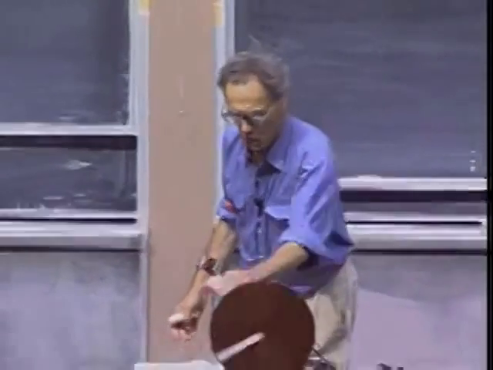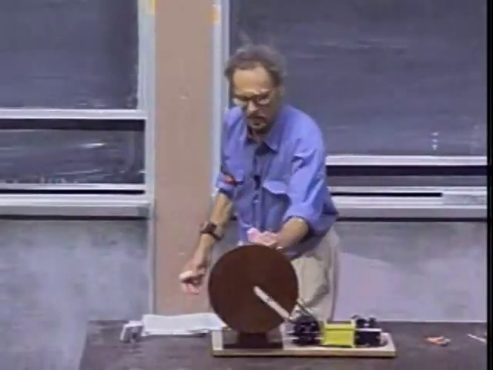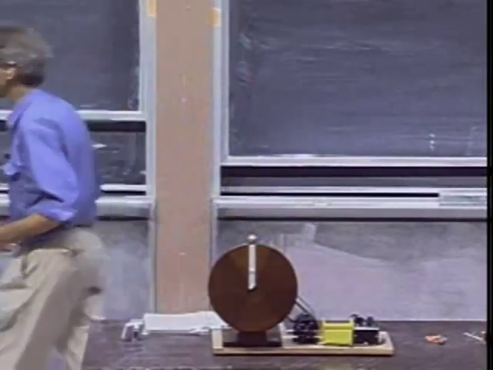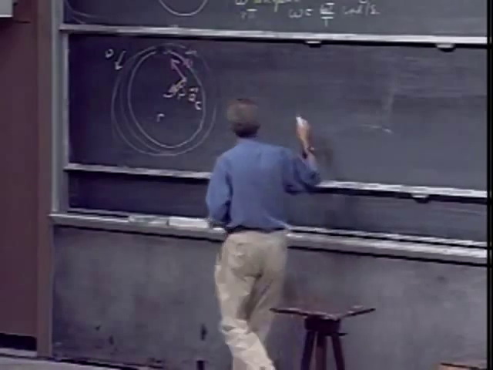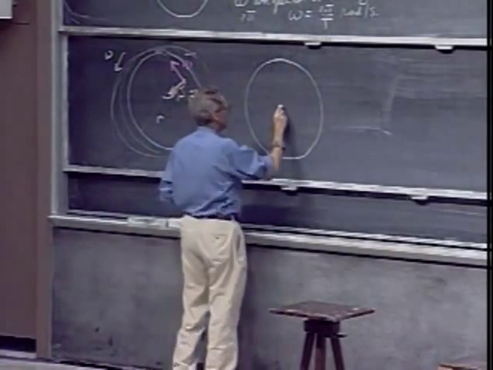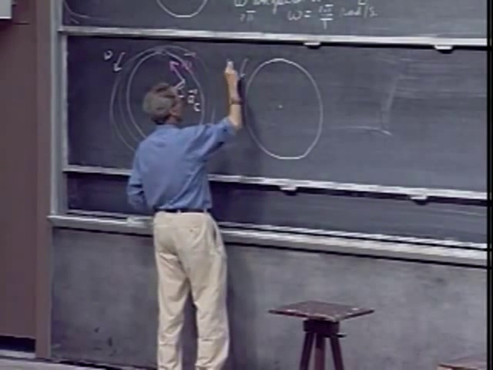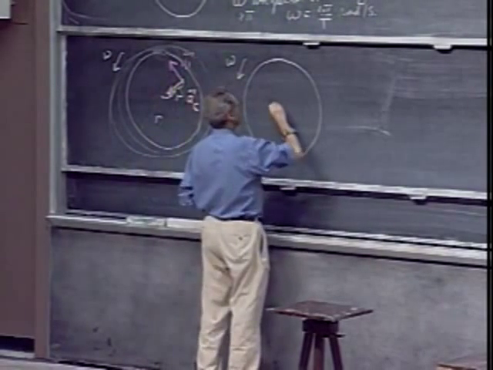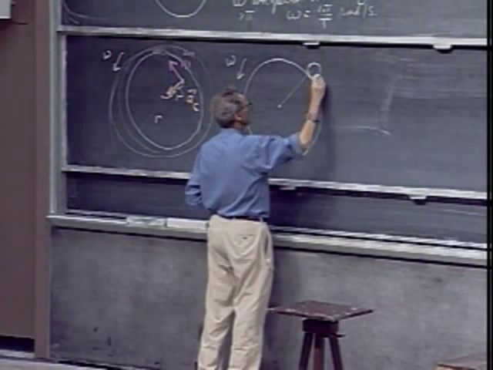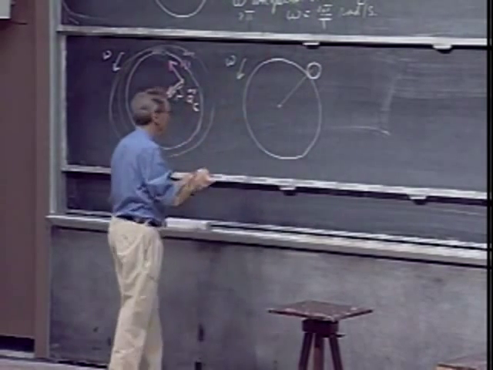I have here a disk which we will rotate, and at the edge of the disk here, we have a little ball. And the ball is attached to that disk with a string. So now this is vertical, and this is going to go around with angular velocity omega, and we have a string here attached to this ball, and the whole thing is going around.